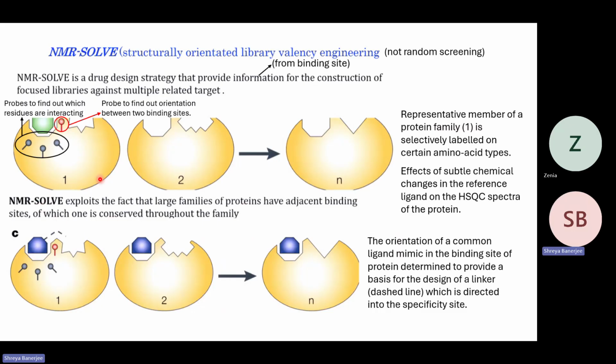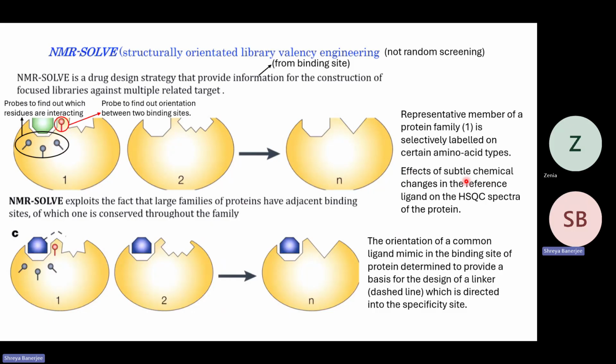So taking any one representative member of the family, we selectively label the amino acids around the binding sites. These are the probes around the binding sites. And this is a probe between the two binding sites to find out what kind of linker should be there. So how will we find out which is the binding site?